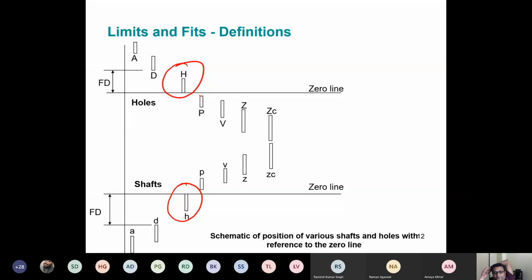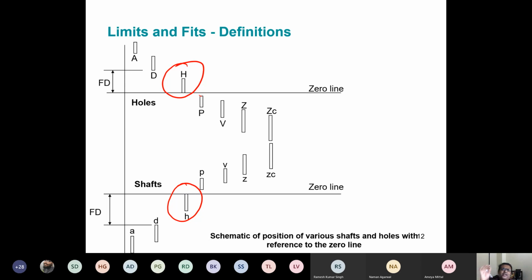It's a tricky one. It will either be flush or it will be just clearance, because what we say is in most cases it will be clearance.